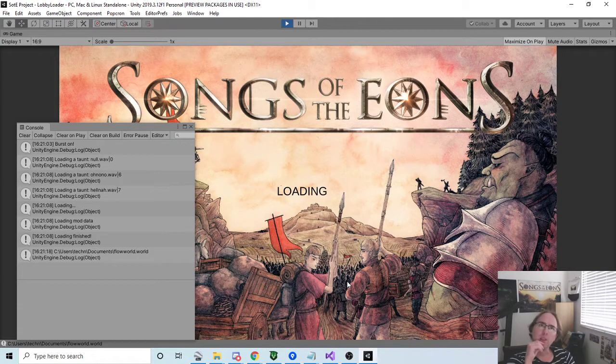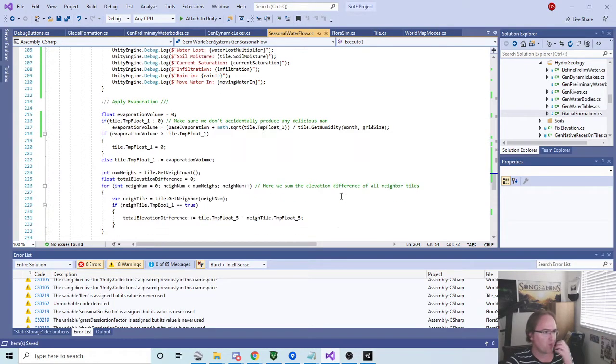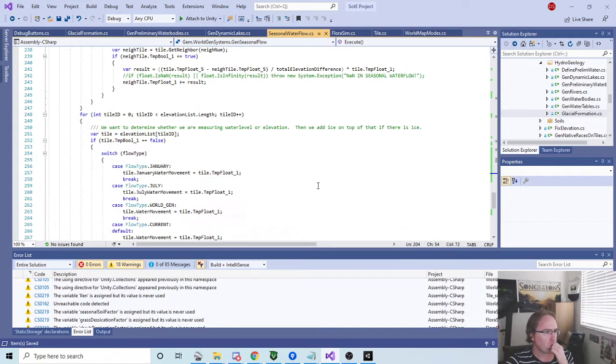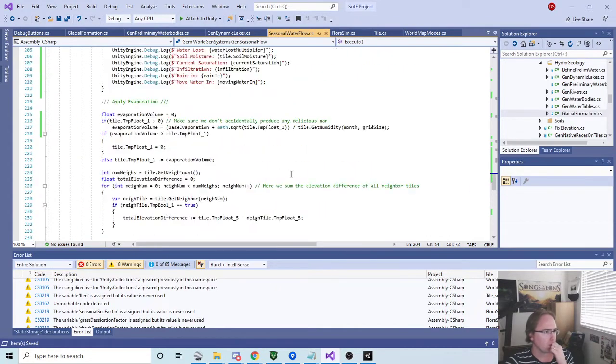The thing is, a whole lot of rainfall is going to get yanked off. You know, I bet our evaporation's probably too draconian. Let's revisit that real quick. Ooh, yeah.